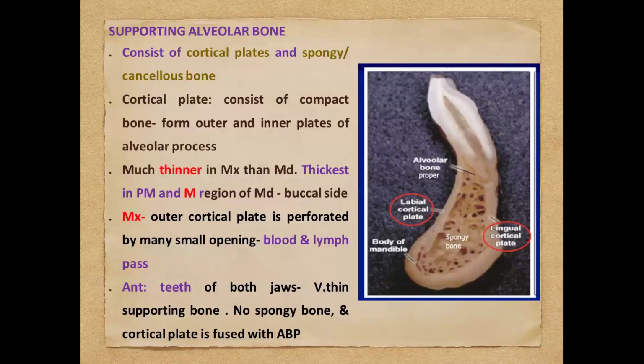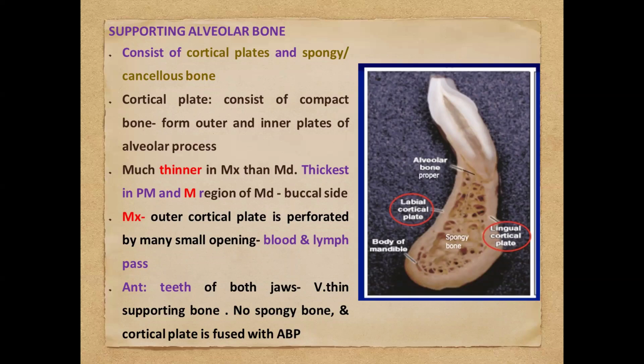And next is the supporting alveolar bone. The supporting alveolar bone consists of the cortical plates and the spongy bone or the cancellous bone. The cortical plate consists of compact bone. They form the outer and the inner plates of the alveolar process. They are much thinner in the maxilla when compared to the mandible.